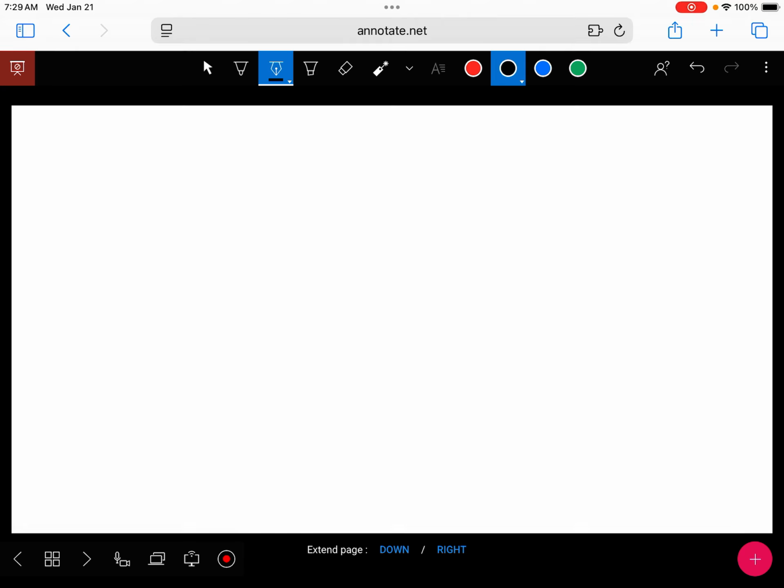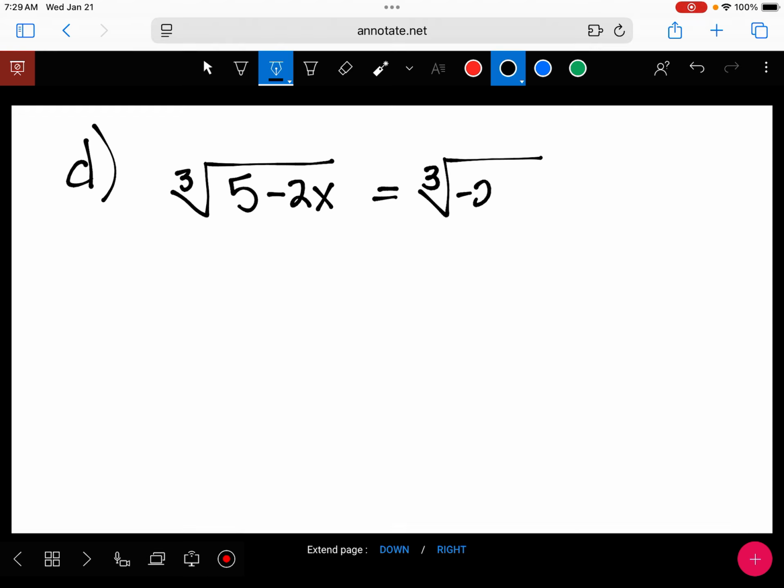All right, so let's look at question D. Now, D is a cube root. So you're going to start by raising both sides to the power of 3.